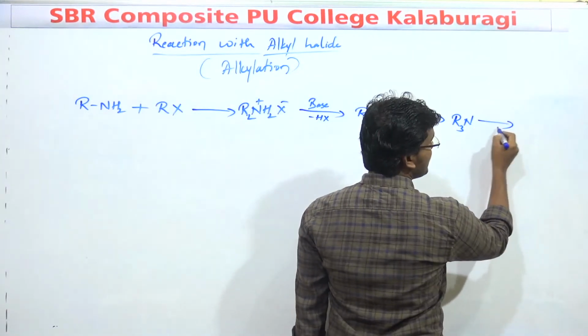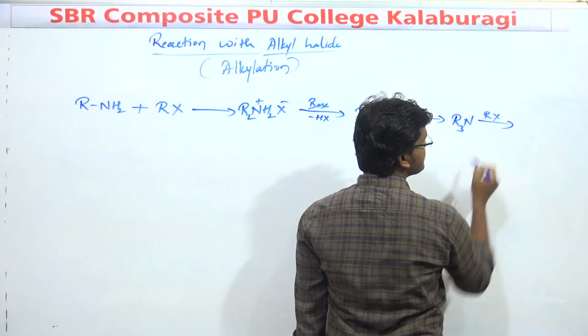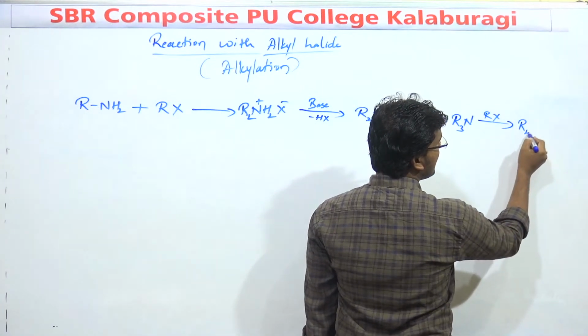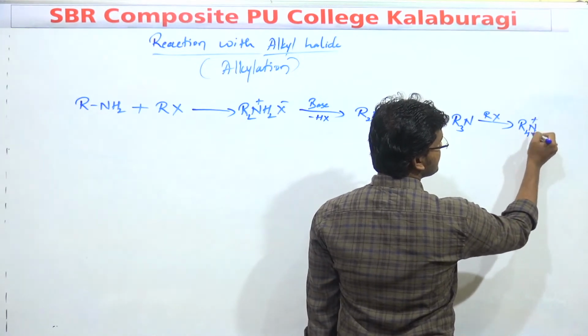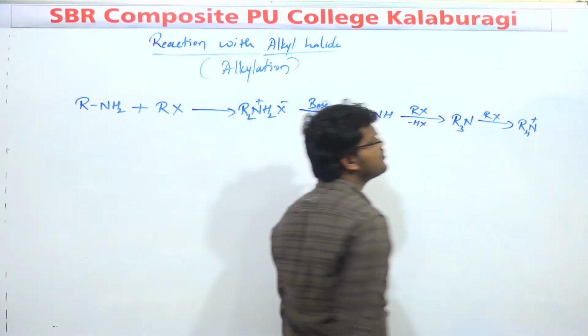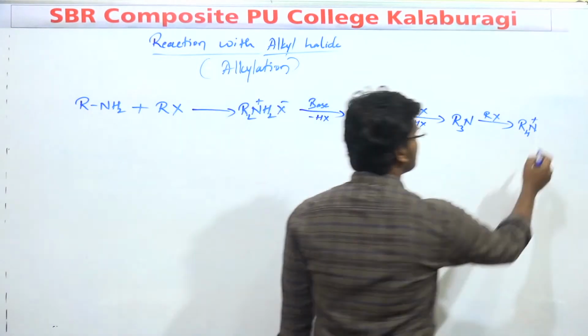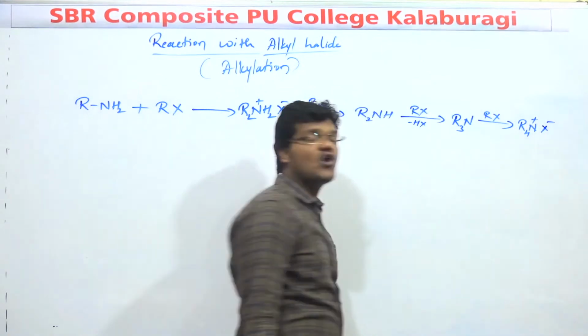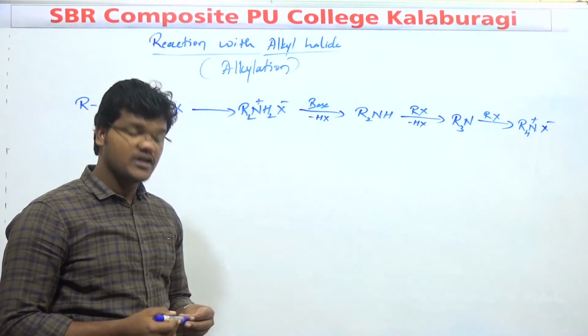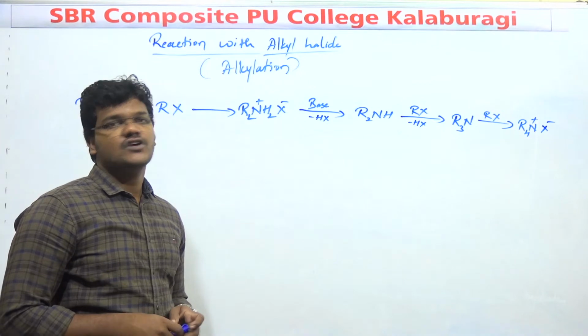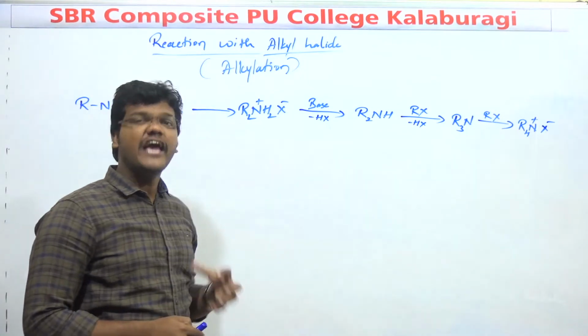Again, I am going to add one more mole of RX. At last, I am going to get R4N+ X-, quaternary ammonium salt. So I am adding excess alkyl.